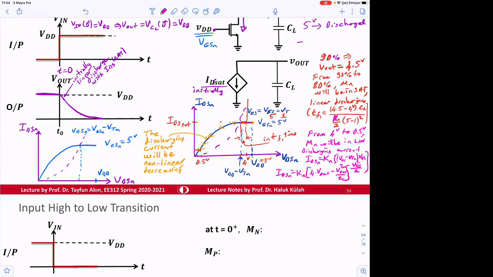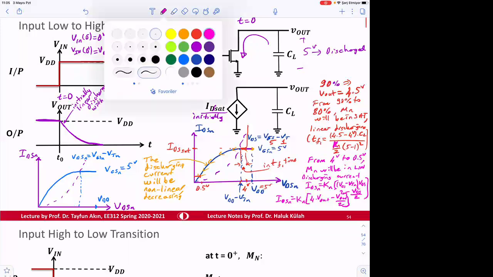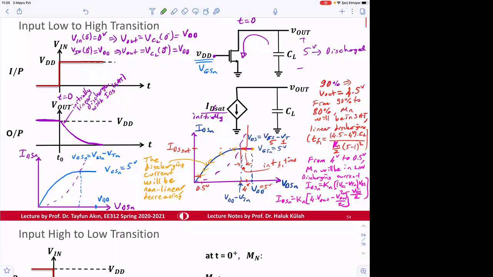So it's not that easy to determine. We do some approximations here, as we discussed earlier. If this was linear discharge, so T fall, let's say, F1, and this is maybe TF2.